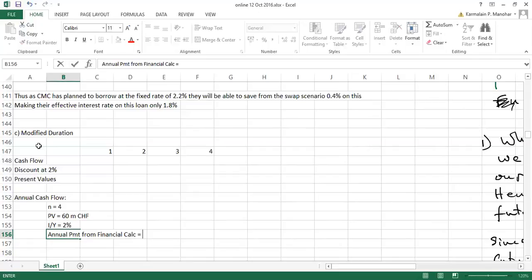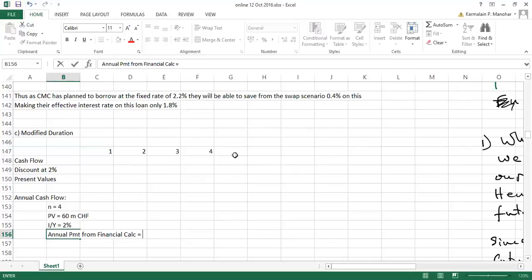Now, I just need to double check if the 60,000 is the final amount or the initial amount. I think that's the final, yeah, so it should be the FV. That's right. So I already have it. There's the PV. I could change it if it's not.